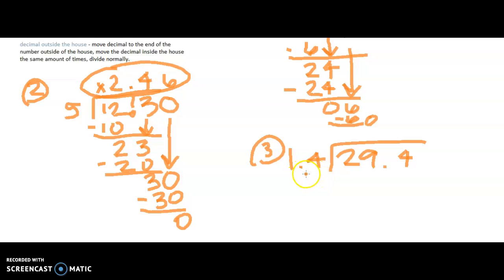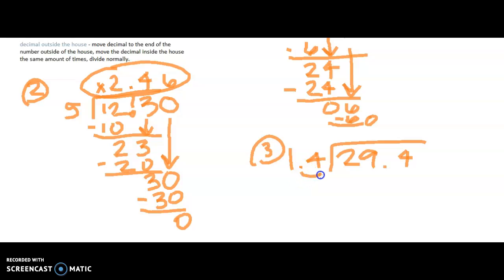Our last example is going to be one where we have a decimal outside of the house. And just because we have a decimal outside of the house does not mean there has to be a decimal inside of the house. So if that's the case, then we would just add a 0 to the end of that whole number and then move it. But because we have a decimal inside of the house here, we don't have to add it in. So we see a decimal here outside of the house.